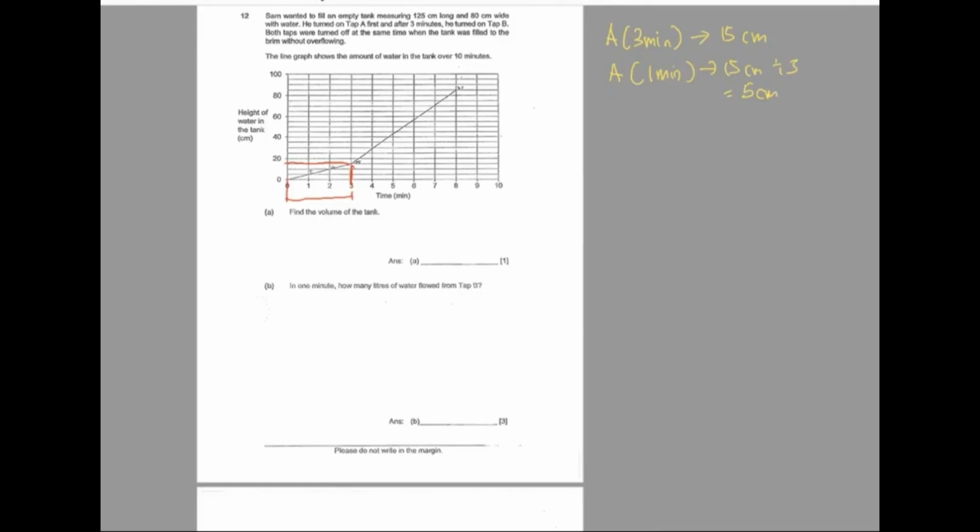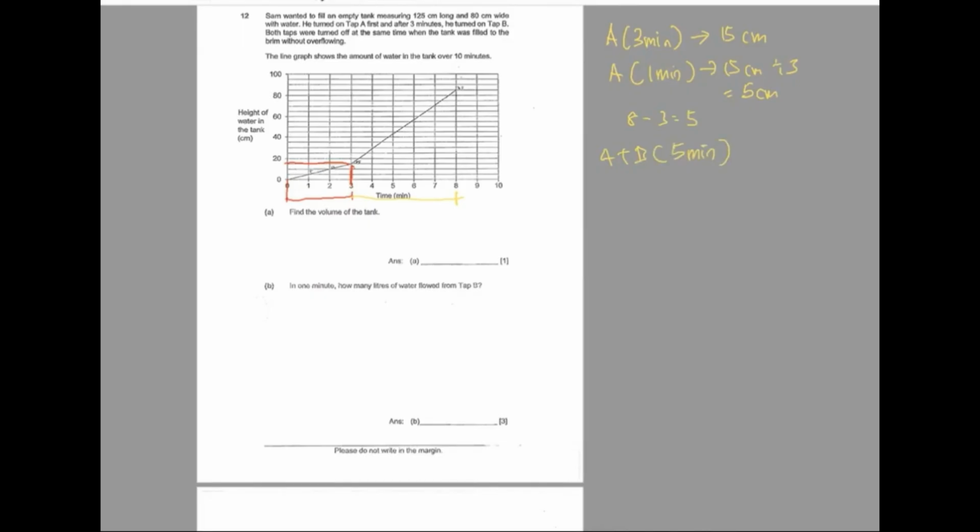Now, next. The question says that from the 3 minutes onwards, 2 taps will be flowing into the tank. And it continues from the 3rd minute all the way to the 8th minute. So 2 taps have been flowing for how long? 8 minus 3, they have been flowing together for 5 minutes. So I can say A plus B for 5 minutes, right?